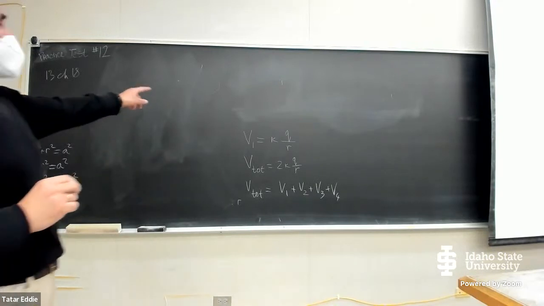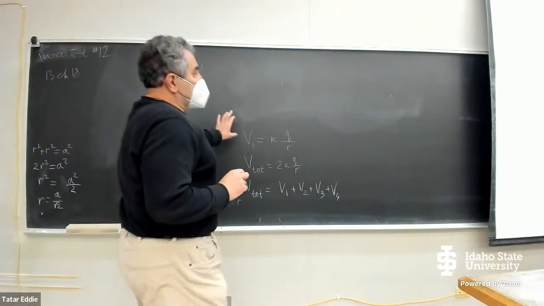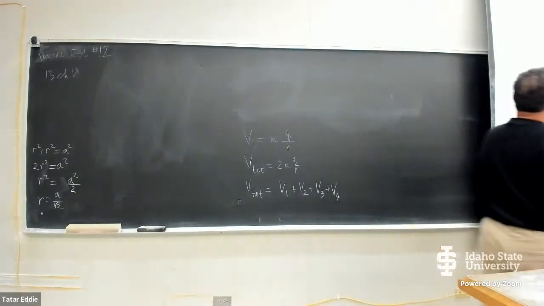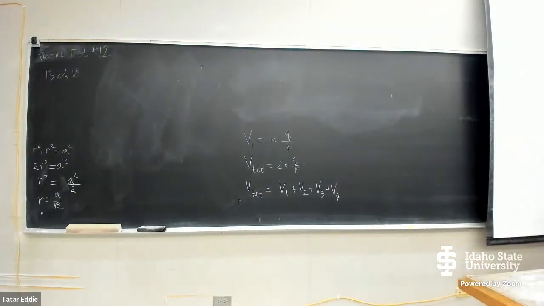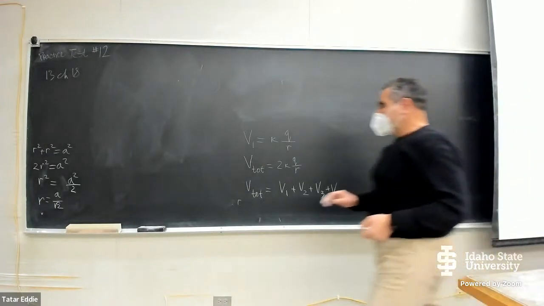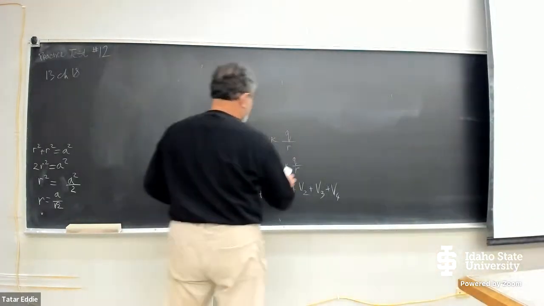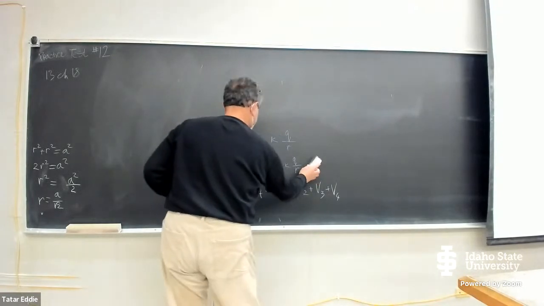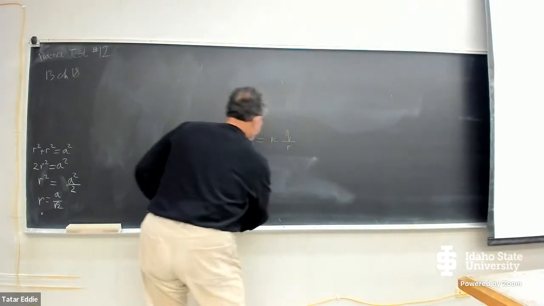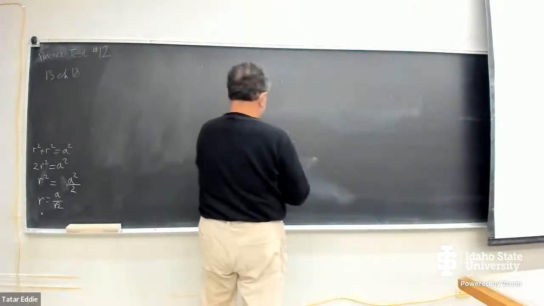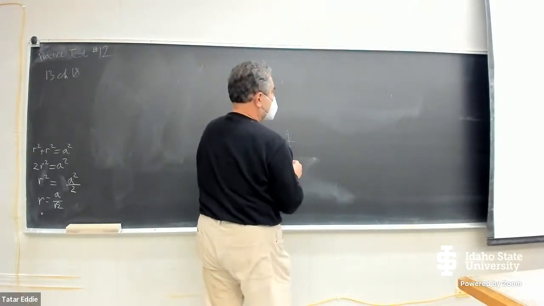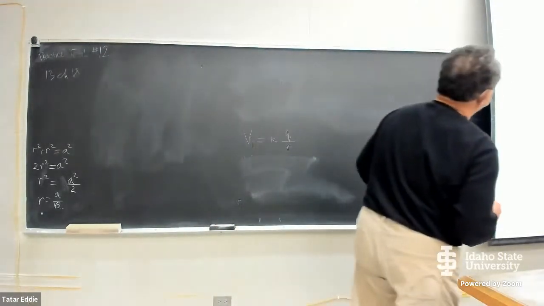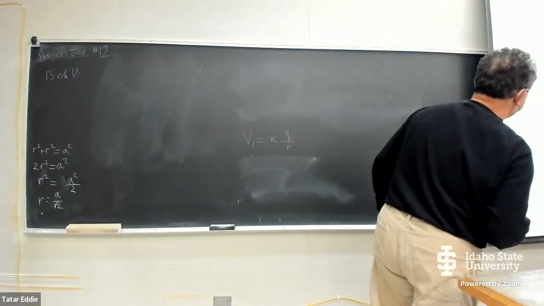And look, they're asking about the voltage at point A. The voltage at point A is created by the red, and the value of the voltage created by the red one is this, where Q1 is 50.